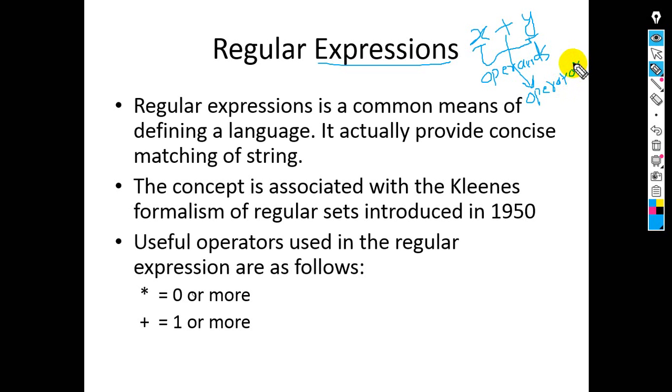Okay, this is called the operator. When operands are combined together by means of an operator, that is called an expression.